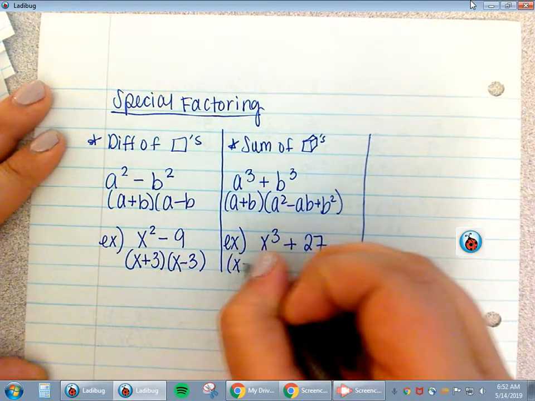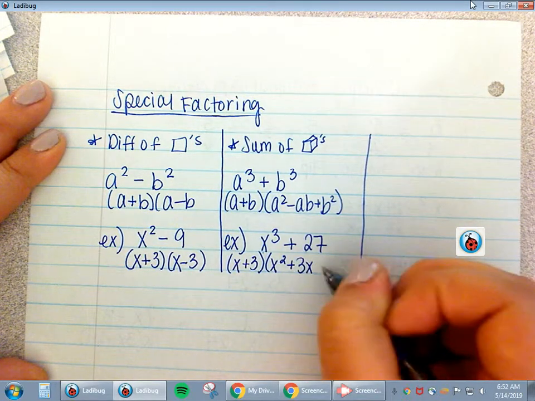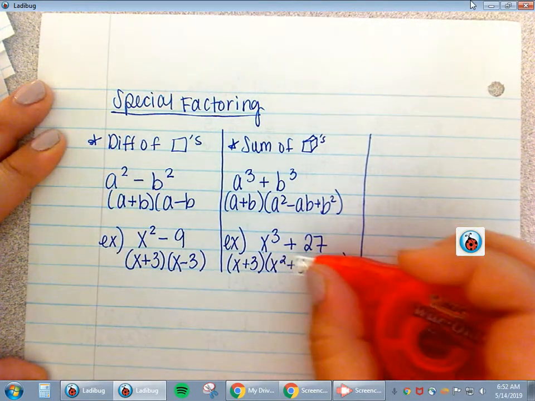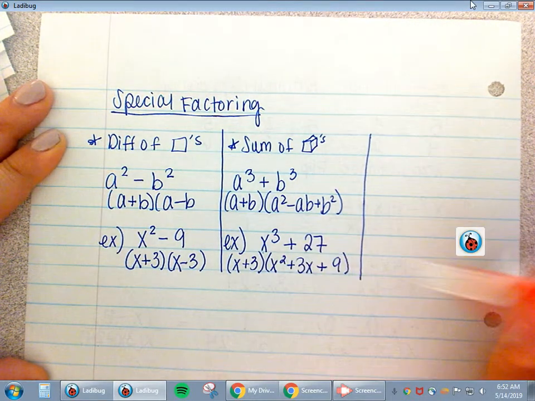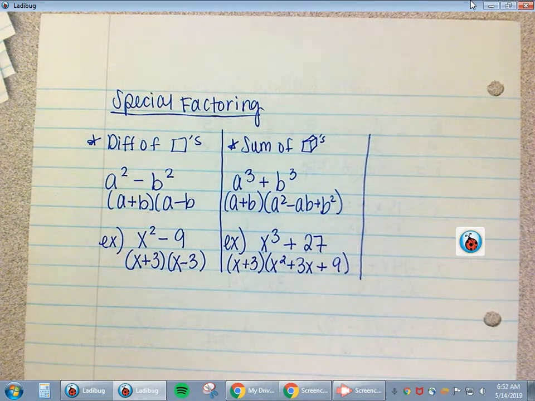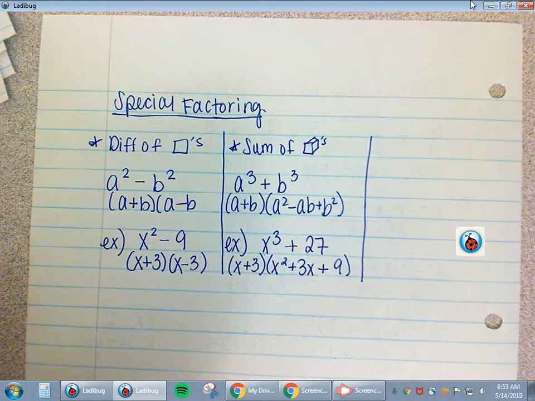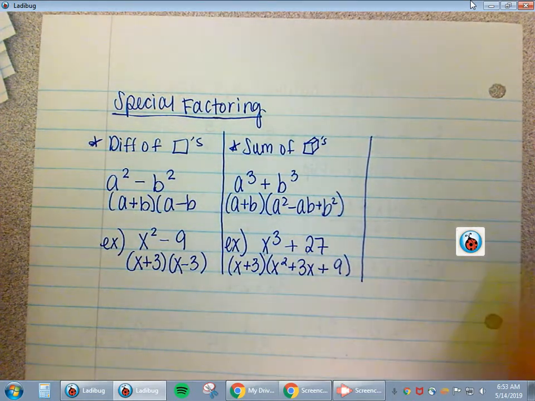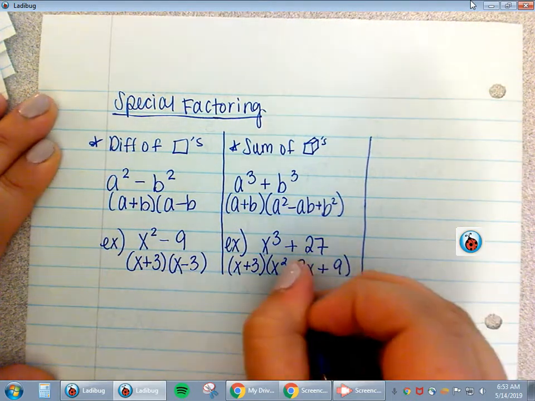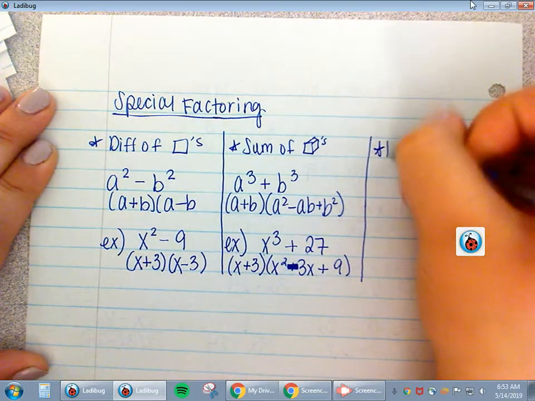So we would do x plus 3 times x squared plus 3x plus 9, except I forgot to put a minus here. Maybe I'm out of ink. Well, you get the idea. That's supposed to be a minus.